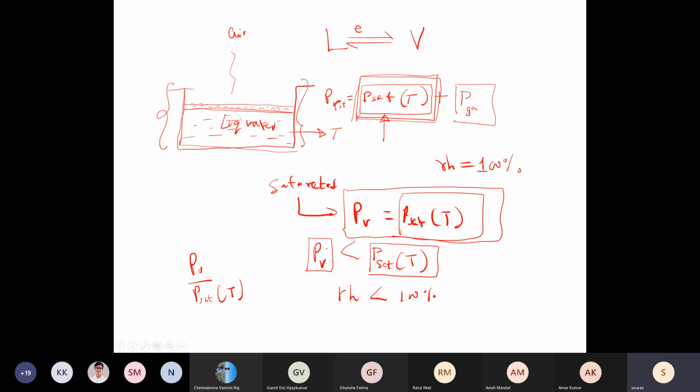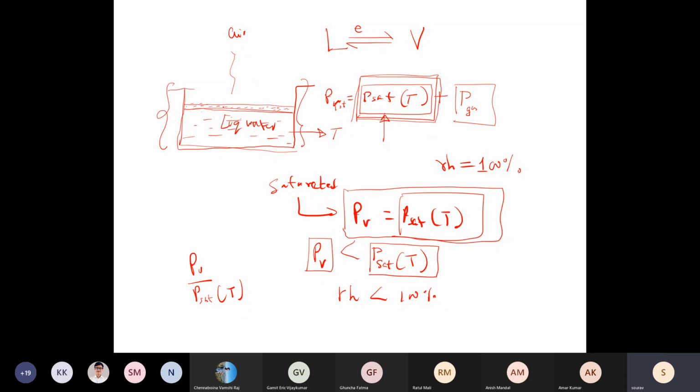So in last class, we were only discussing the saturated condition, and that saturated condition is very easy to attain in a control mass system. Everything is closed, so eventually you will attain the saturated condition. But when you have your top lid open, you are exposed to the ambient air.